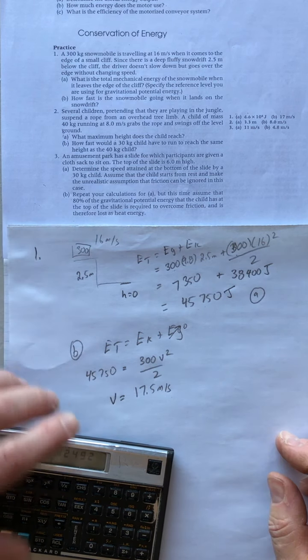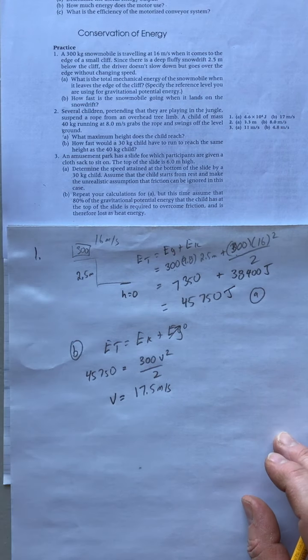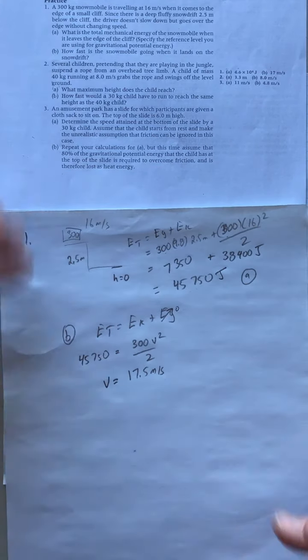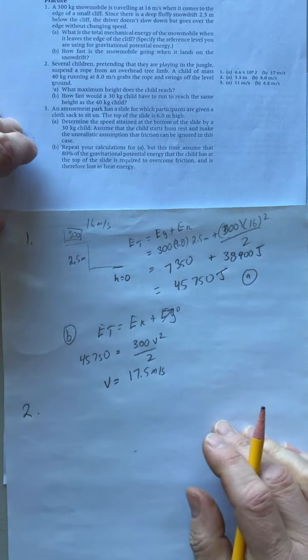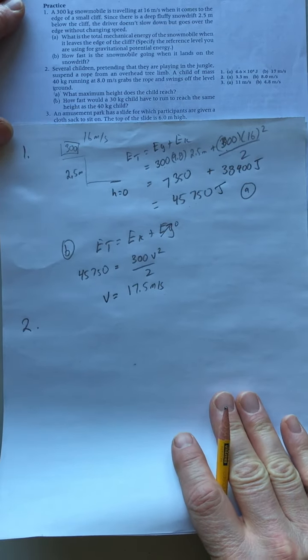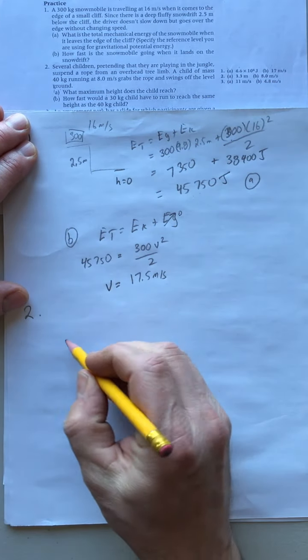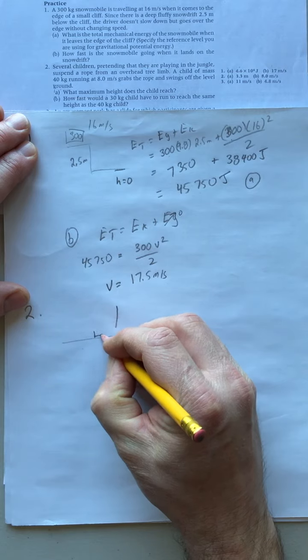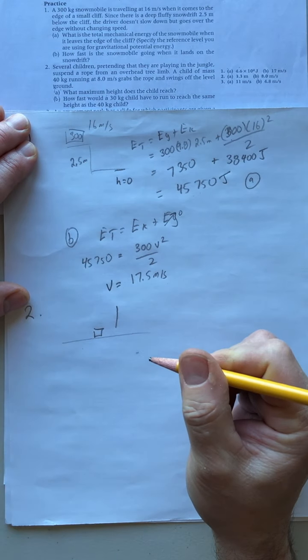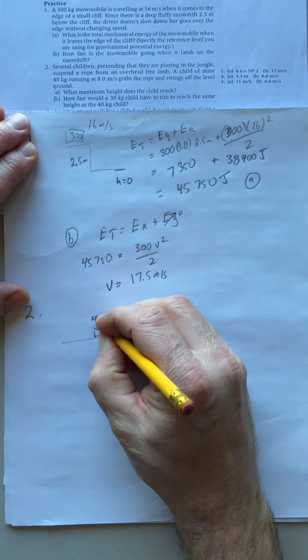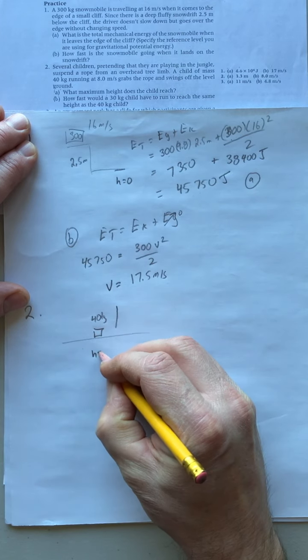Let's take a look at number 2. Several children are pretending they're playing in the jungle, and they're going to swing on a rope. So we have level ground and a rope, and a kid who weighs 40 kilograms on the ground right now.